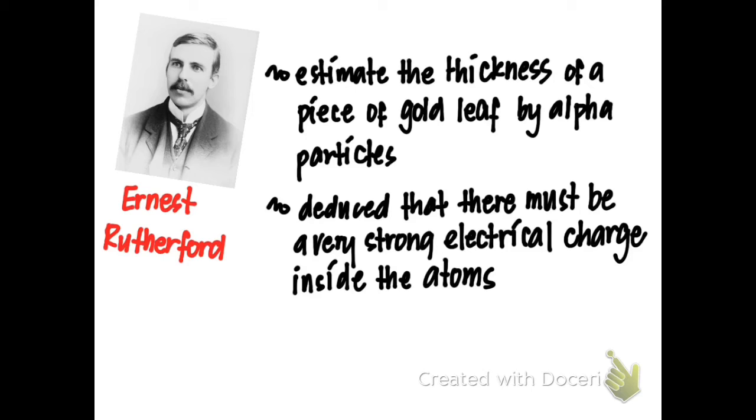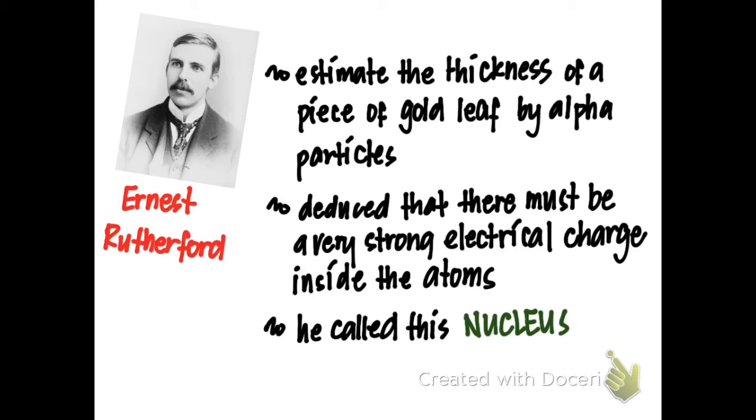Rutherford then deduced that there must be a very strong electrical charge inside the atoms. When he carried out his calculations, Rutherford saw that the electrical charge of the atom would have to be condensed into a very small area, much smaller even than the overall size of the atom. He called this the nucleus, and the atomic model was revised again.